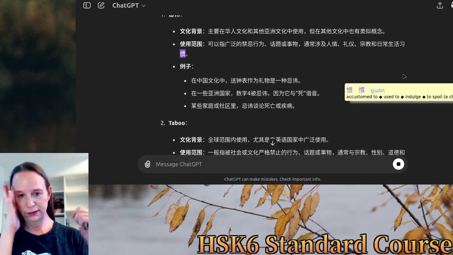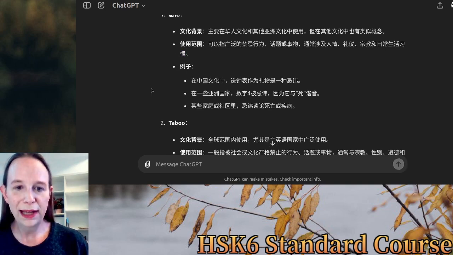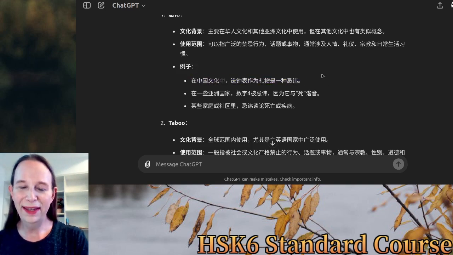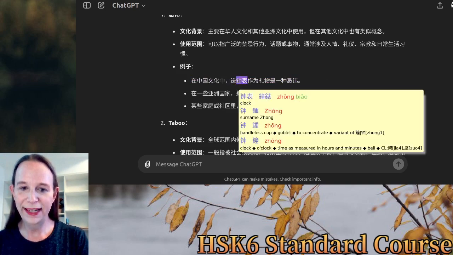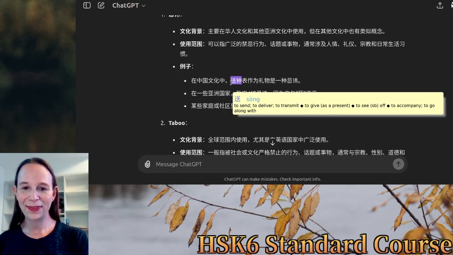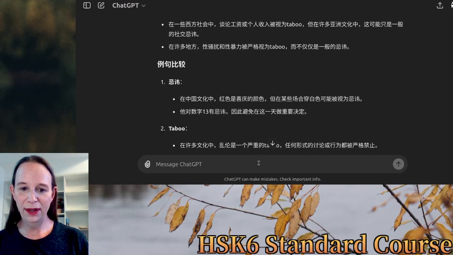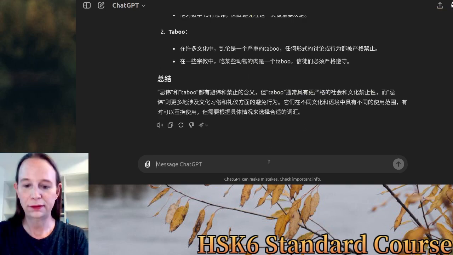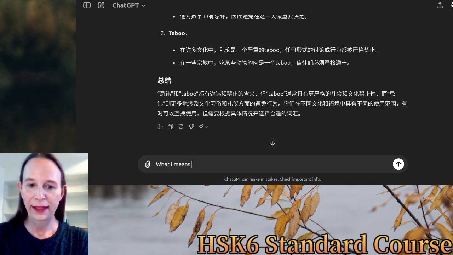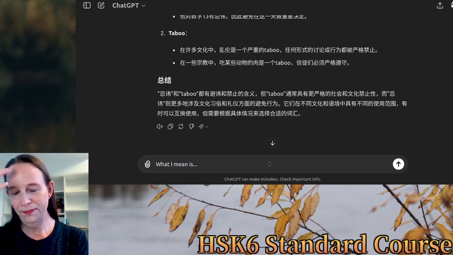Alright, so yeah. 在中国文化中，宋钟表 alright, but what I mean is, 宋钟 would be considered a taboo. It would be considered a Chinese taboo. What I mean is, how do I explain this?